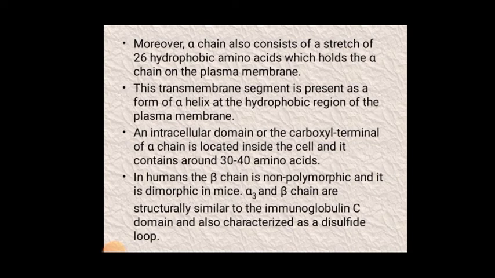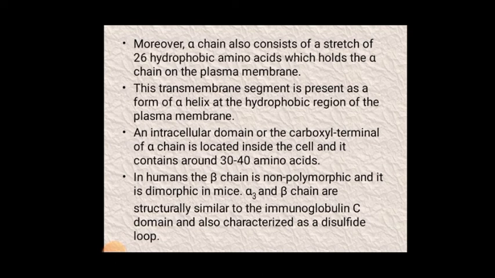Again, within human beings, within this HLA complex, the beta chain is non-polymorphic. It is non-polymorphic, meaning polymorphism is not present within this beta chain, or the beta 2 microglobulin, which is part of the MHC class I molecule, and it is dimorphic in mice.